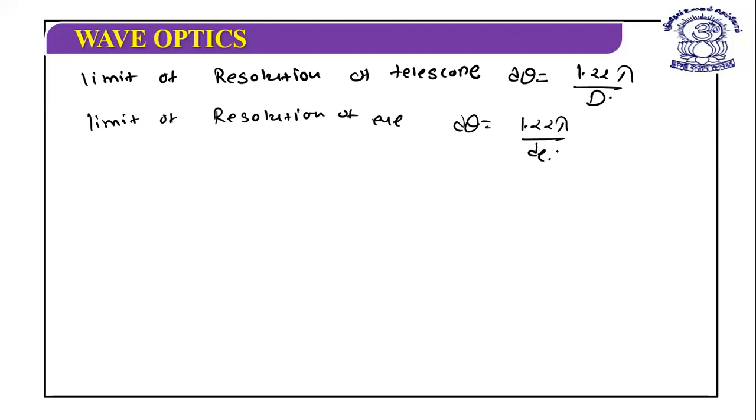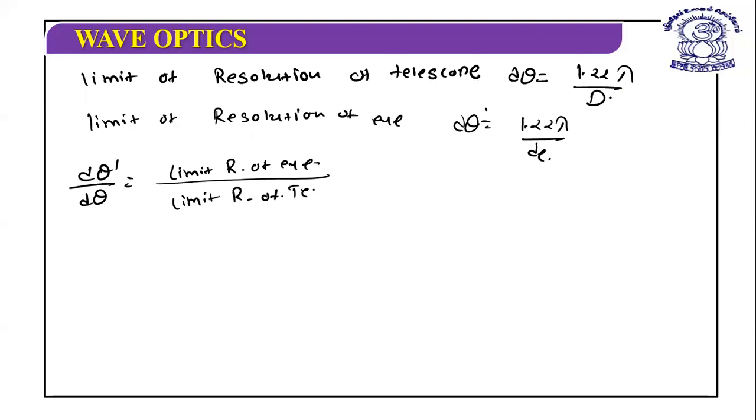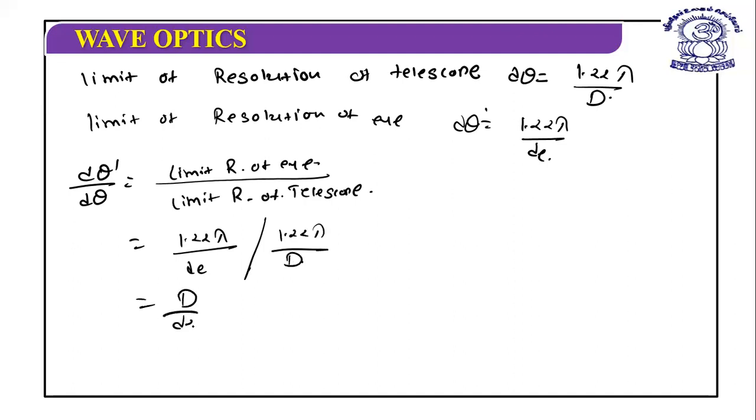From this equation, we can write d theta dash upon d theta is equal to limit of resolution of eye to the limit of resolution of telescope, that is 1.22 lambda divided by dE whole divided by 1.22 lambda divided by capital D, that is D upon dE, that is magnifying power.